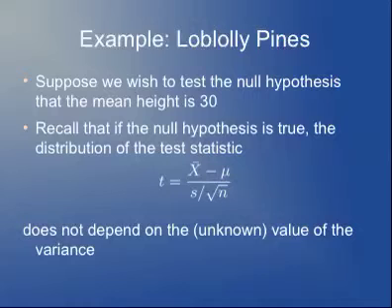So if we bootstrap this particular test statistic, rather than just taking the sample mean minus 30, then you can avoid this problem that can arise if the variance varies too much from sample to sample.